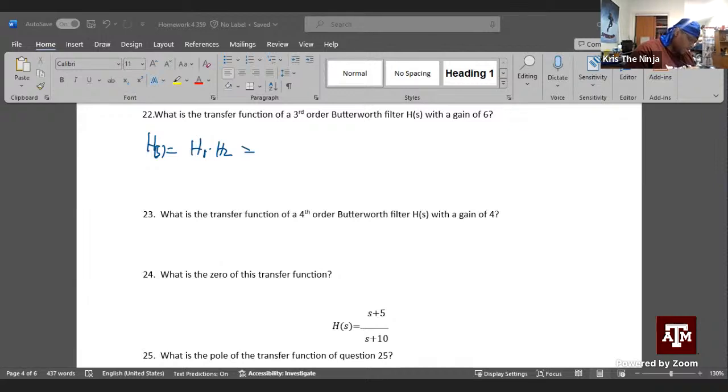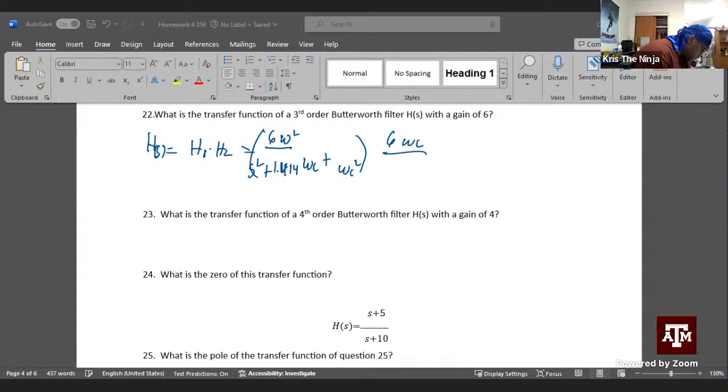Then you have 6 times omega c squared over s squared plus 1.414 omega c plus omega c squared, multiplied by 6 omega c over s plus omega c, like that.